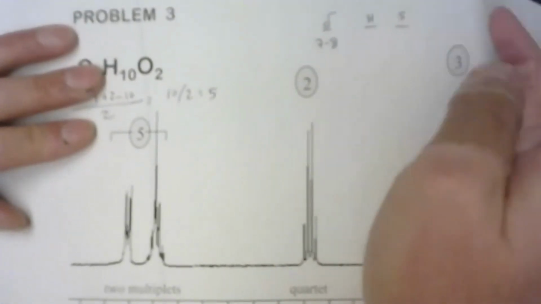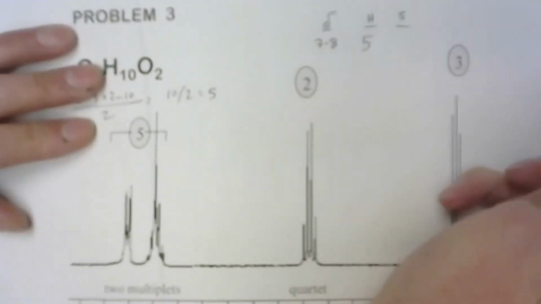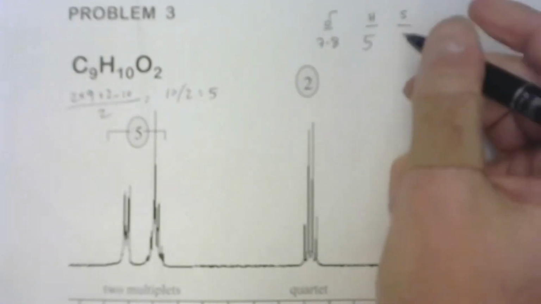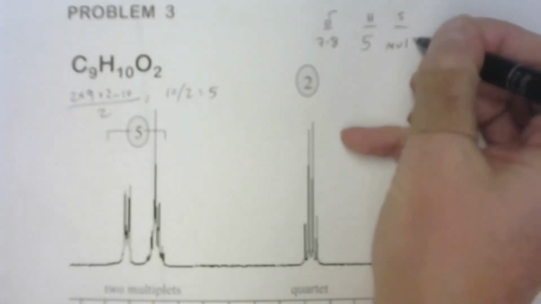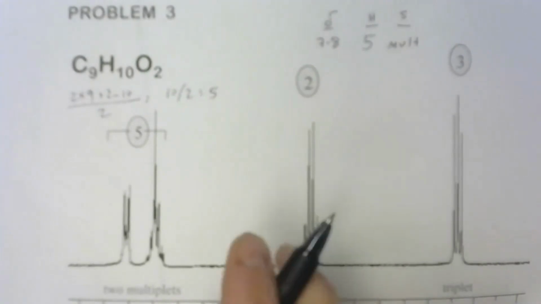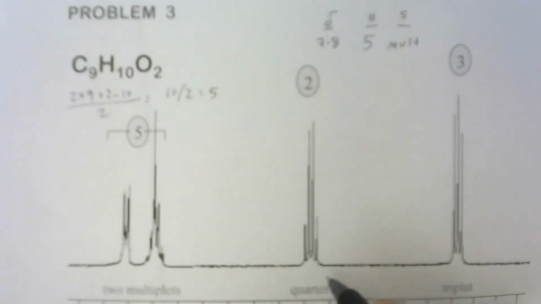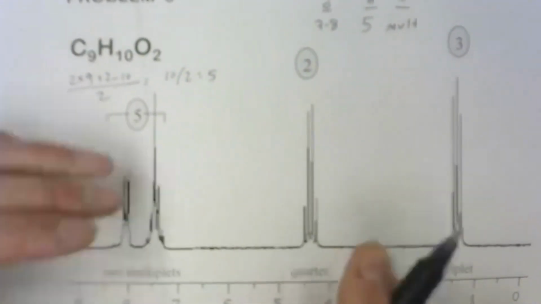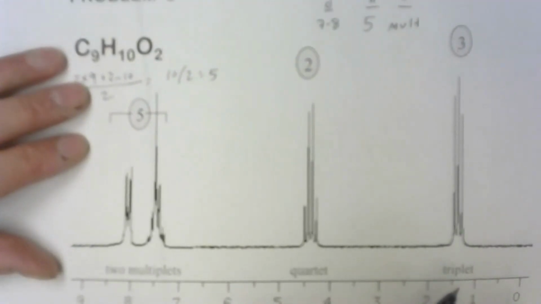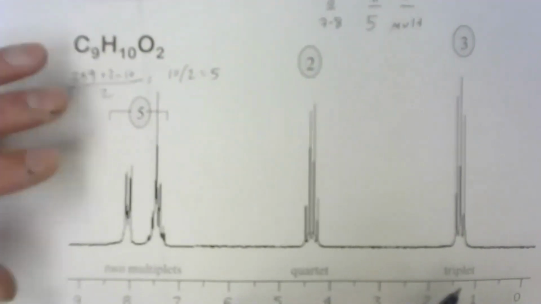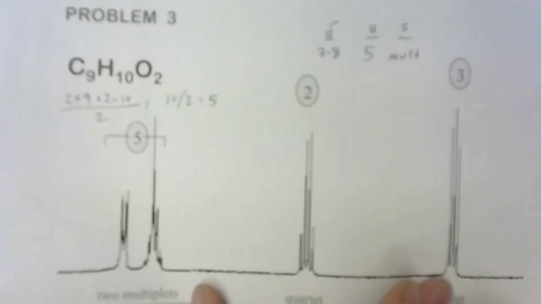So what do I write? When that happens, I usually write m, for multiplet. The rest is actually pretty straightforward. Now we have 4.2 and 1.2.